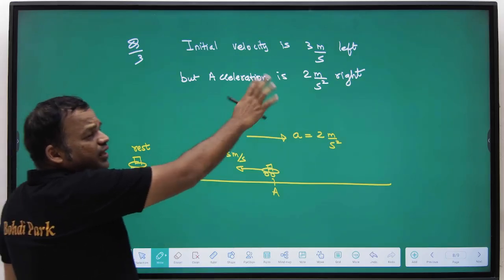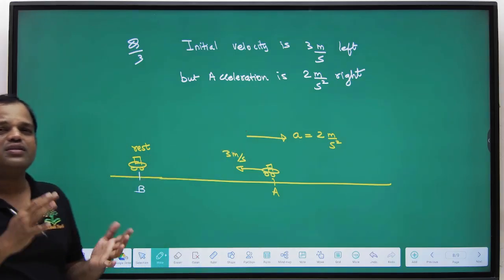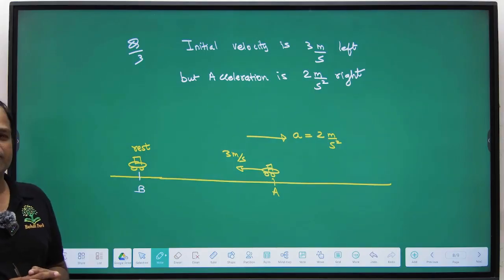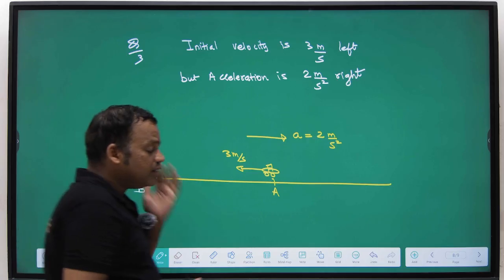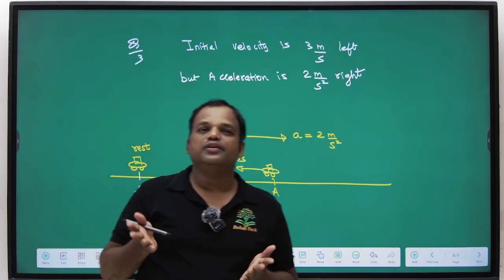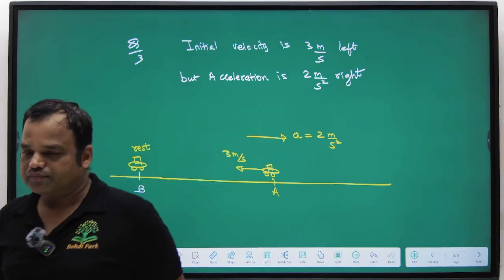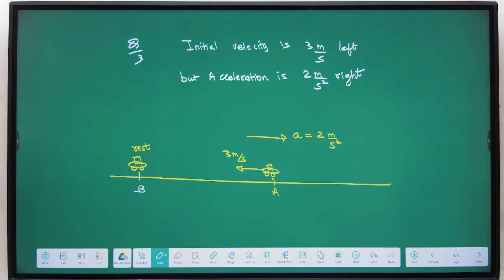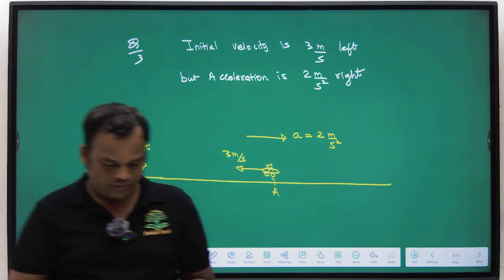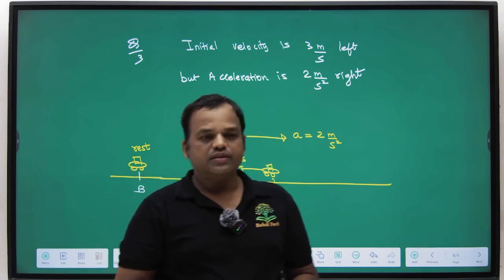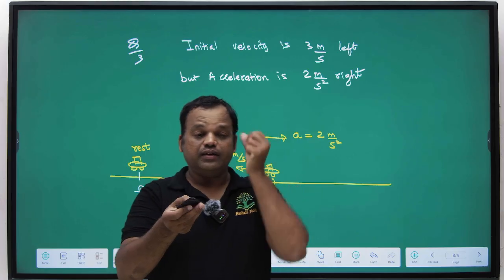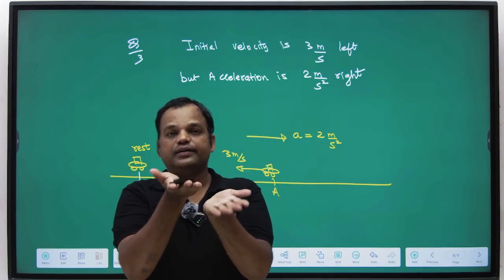But we assume that acceleration is continuously working. In physics, there are some cases when acceleration is continuous. I will give one example of that. Let's assume this object I am holding in this hand.